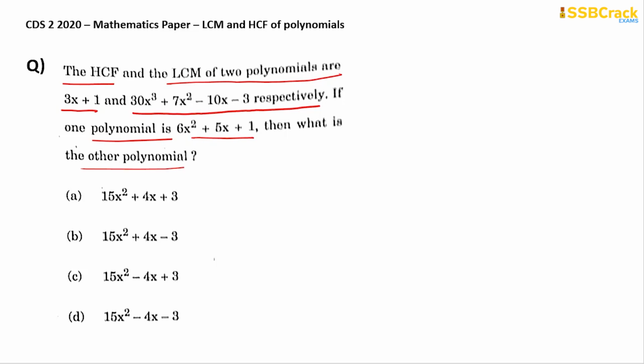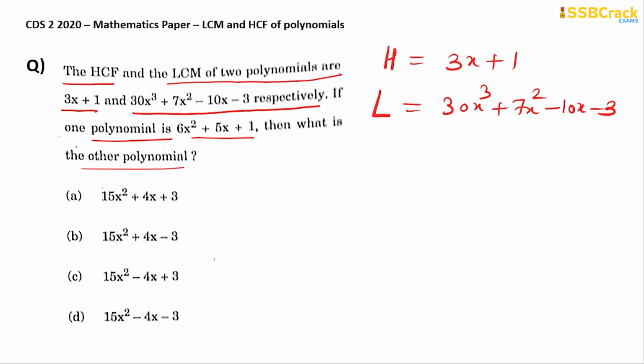So let us now first of all note down what we have in the question. We have the HCF polynomial, so we denote it by H, and that is given to be 3x plus 1. We have the LCM polynomial, and that is 30x cube plus 7x square minus 10x minus 3. We have one polynomial. That one polynomial I would like to denote it by this P(x).